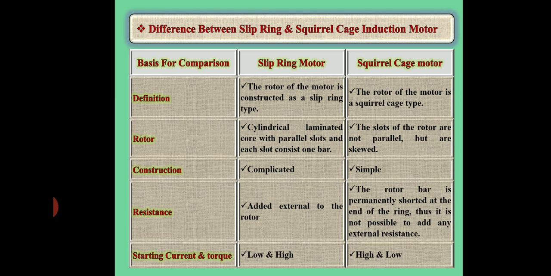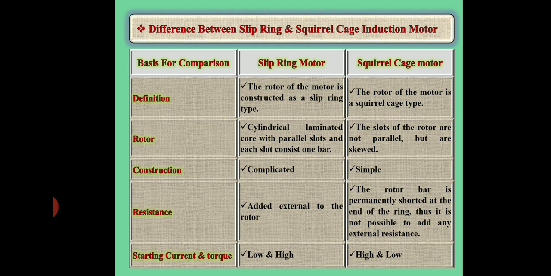The third basis is construction. The slip ring motor is complicated while the squirrel cage motor is simple. The fourth basis is resistance. In slip ring motor, resistance can be added external to the rotor, while in squirrel cage motor, the rotor bars are permanently short-circuited at the end ring, so it is not possible to add any external resistance.